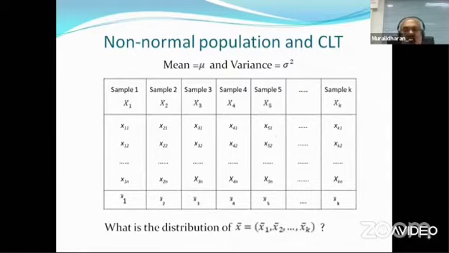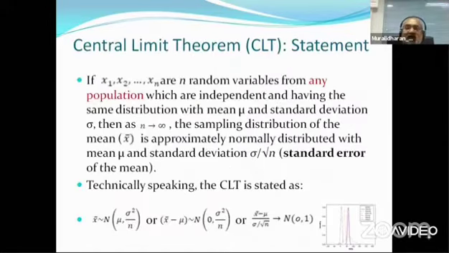This can be from binomial, exponential, or any distribution. Now 200 sub-distributions are available in statistics. Let us see the statement in general, as it is quoted in reference books and textbooks.